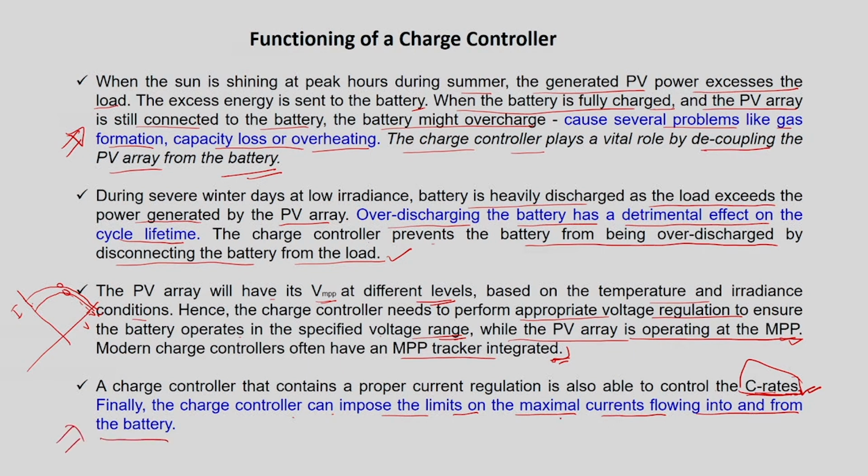If we consider this is the PV array, and we have a battery, and then maybe an inverter or maybe a utility, maximum current flows from here to here and maximum current flows from the battery to the inverter or maybe some utilities.